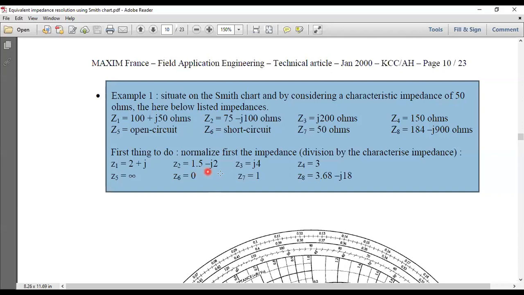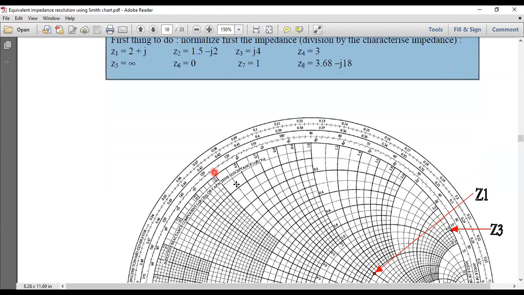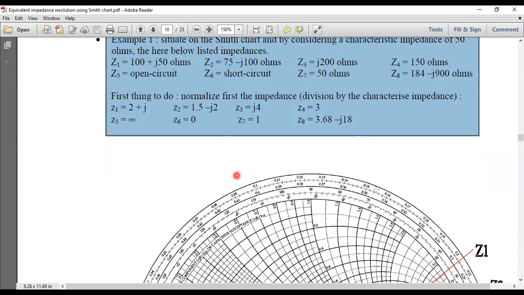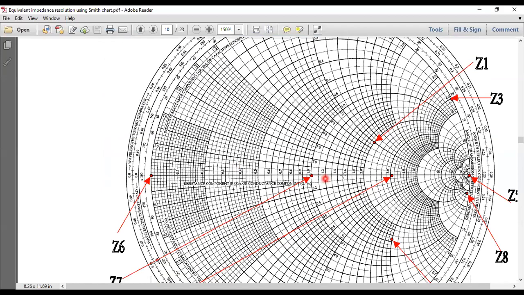So 1.5 minus J2. So you just go through one, that is Z2 equals 1.5. Where is 1.5? You can see 1.2, 1.4, 1.6, so here it is 1.5. 1.5 minus J2. Where is J2?